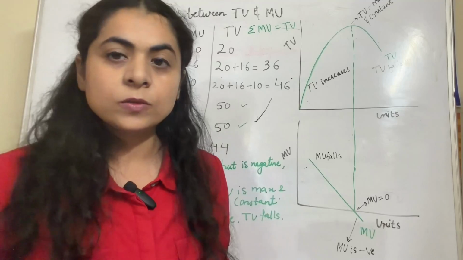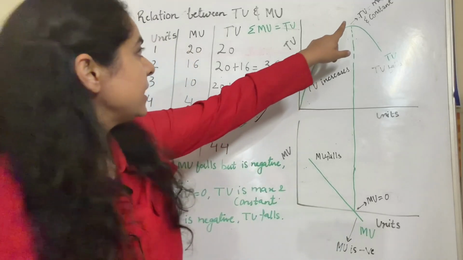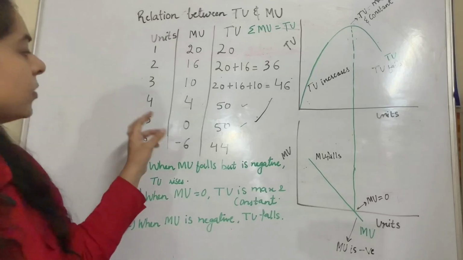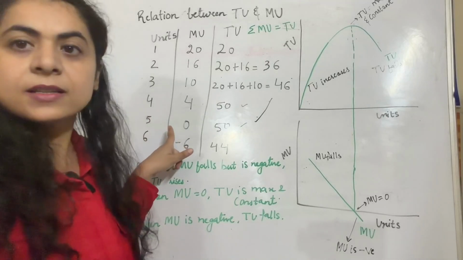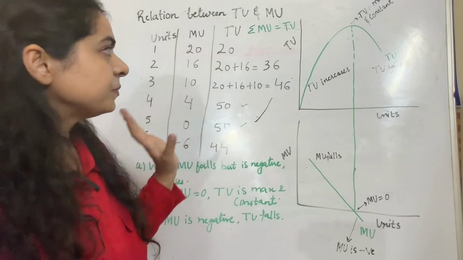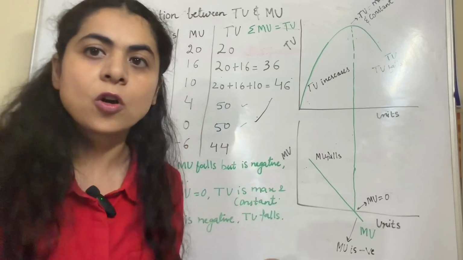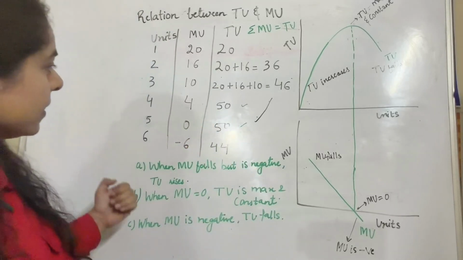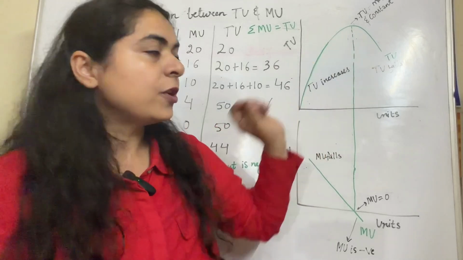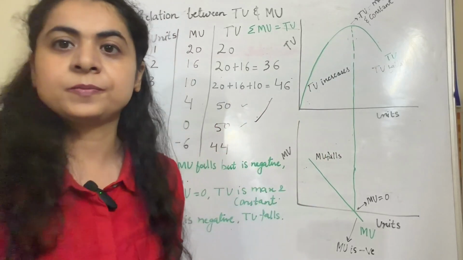When MU is zero, as we can clearly see in both the diagram and the table here, total utility is maximum, it is constant at this point. And when marginal utility becomes negative, total utility falls.